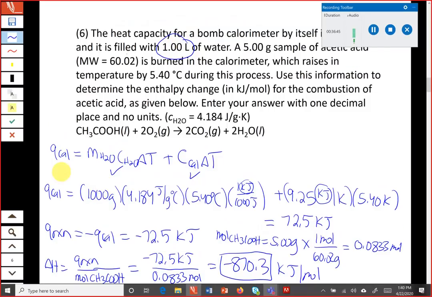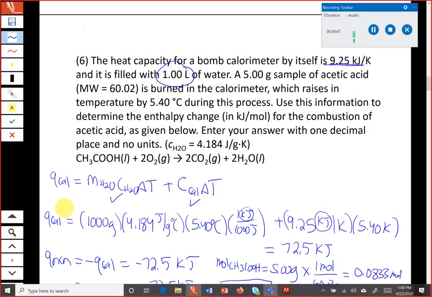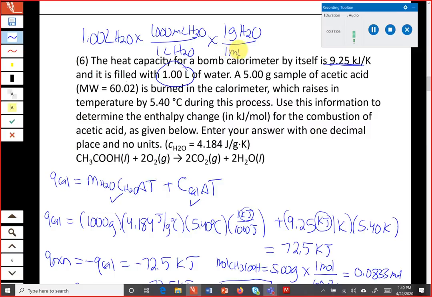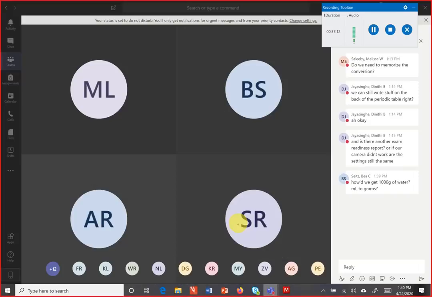So it was 1.00 liters of water, 1,000 milliliters in 1 liter, and then the density is 1, so it's 1 gram per milliliter. So that's how we would get 1,000 grams. That's exactly right. Okay. Any other questions?